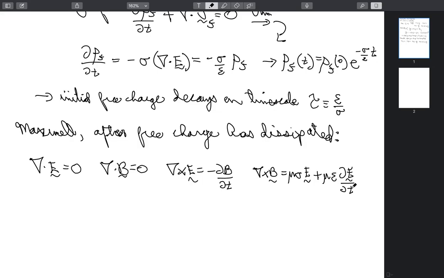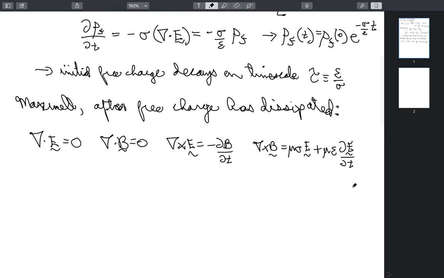Okay, so now what do we want to do? We want to do our usual trick of applying the curl on these equations. So as we've done before, if we say 1, 2, 3, and 4, we do that on 3 and 4.